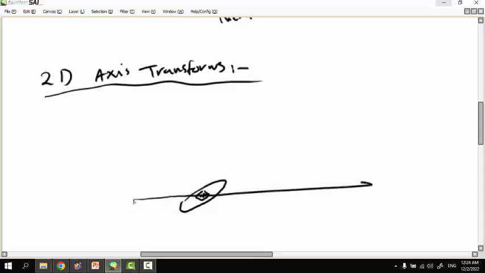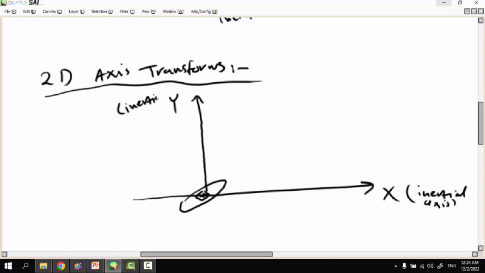We have this x inertial axis, and y, which is perpendicular to it, also an inertial axis.